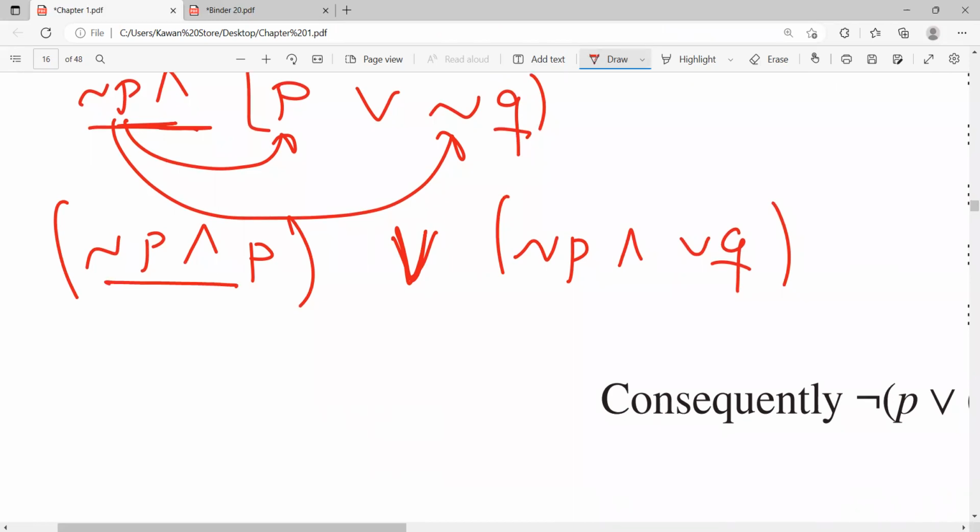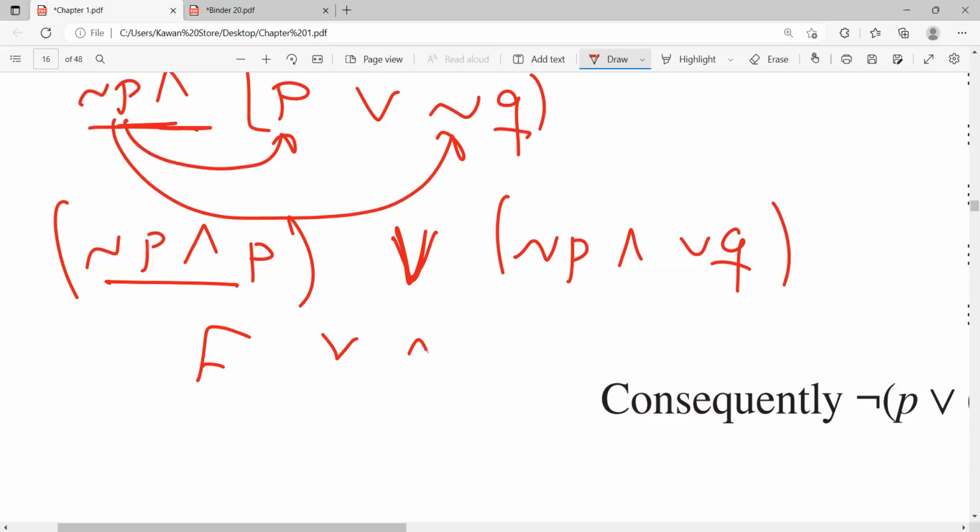Then I'll get what? Think about it. False. You will get false. Right? It's a contradiction. Negation P and P will give you false. Can you imagine how? Why? Good.